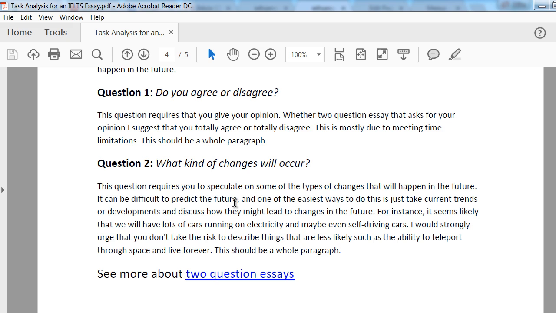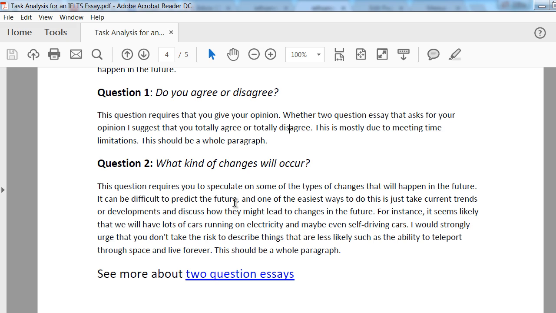I would try and steer away from more trivial things such as pizzas getting delivered by drones. That might be a good supporting point for something like advances in transportation, but it wouldn't be a good main idea because that's not really going to have a major effect on society, even though it will be quite cool.